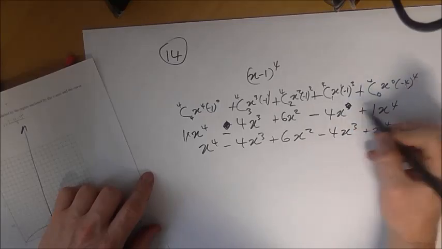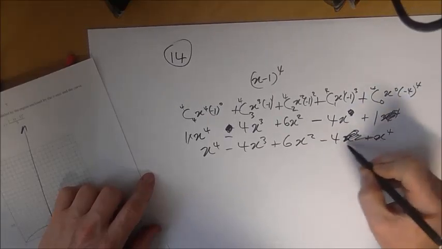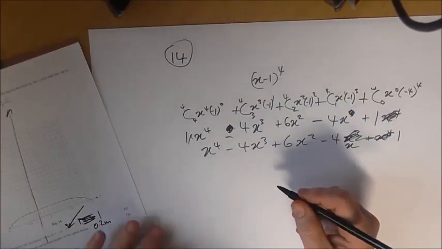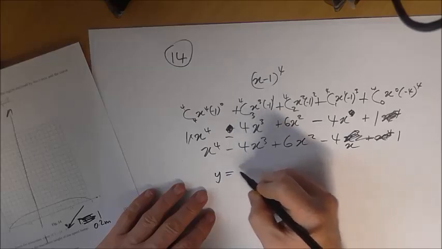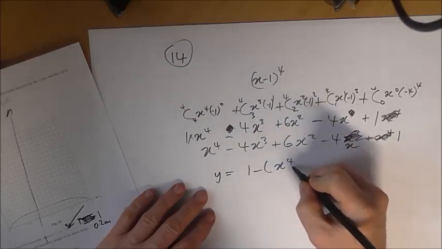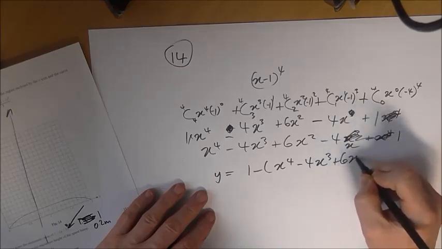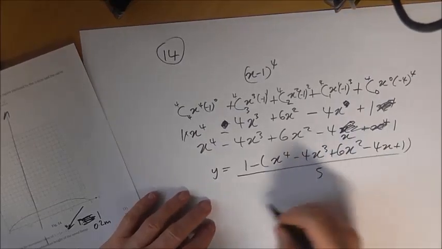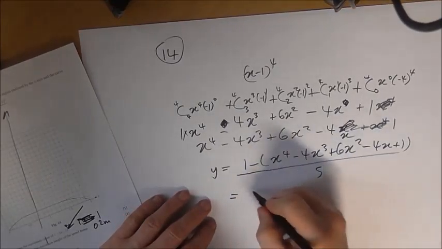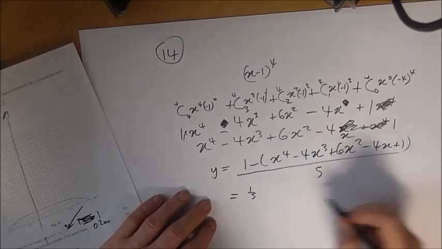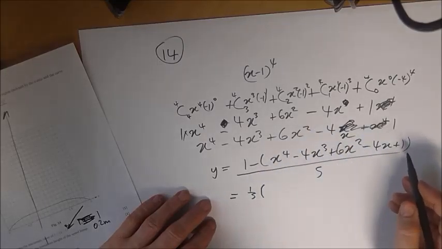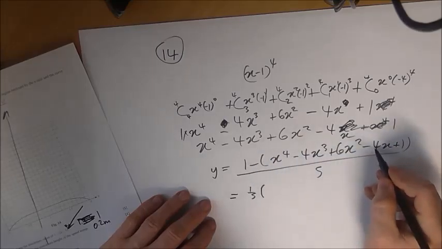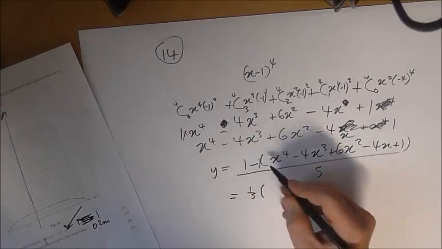Oh, sorry, that's not right. So therefore, y is 1 minus that all over 5, which is a fifth that minus that'll be blank, and everything else will be changed from negative to positive when you multiply by this -1 there.